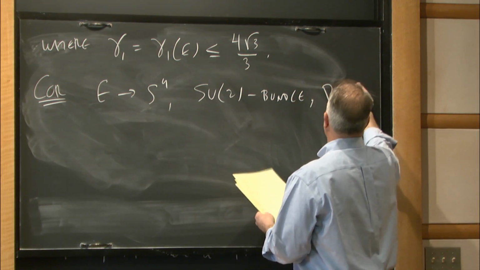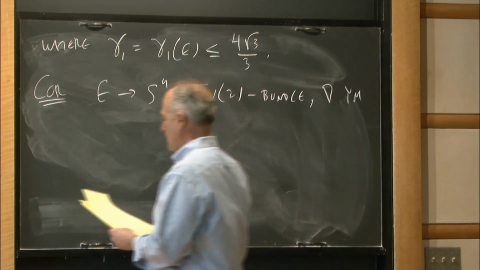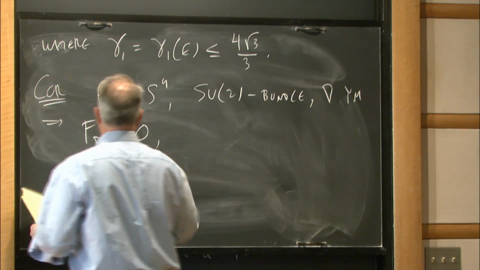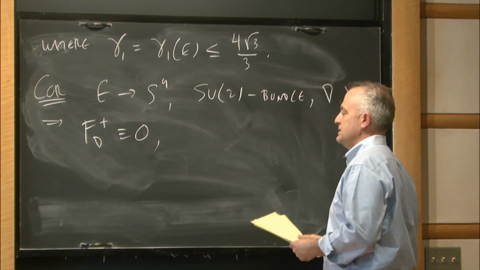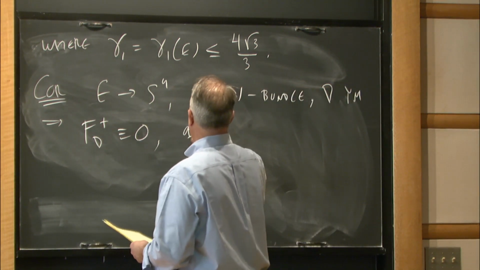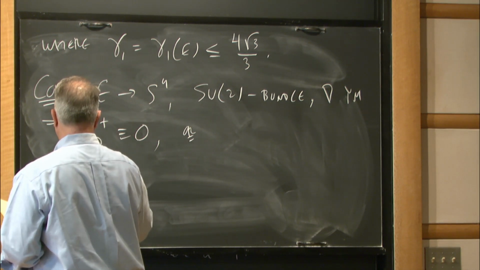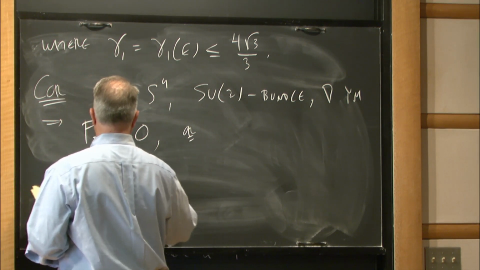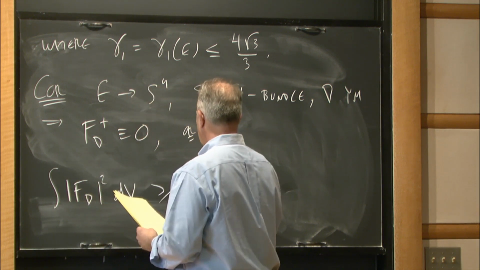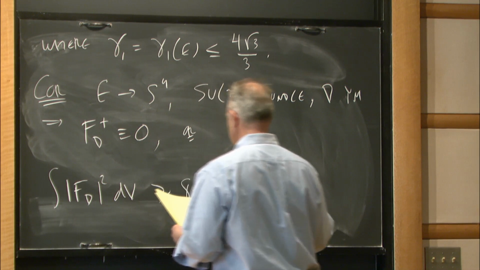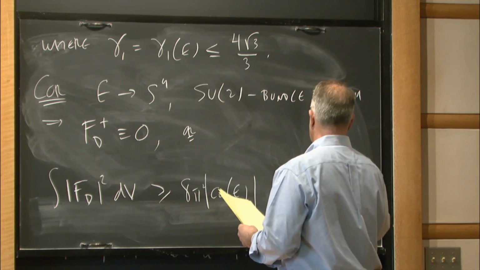And again, nabla is the Yang-Mills connection. Then either it's anti-self-dual, or this estimate written out tells you that the Yang-Mills energy is greater than or equal to 8 pi squared times the absolute value of the second Chern class plus 16 pi squared.